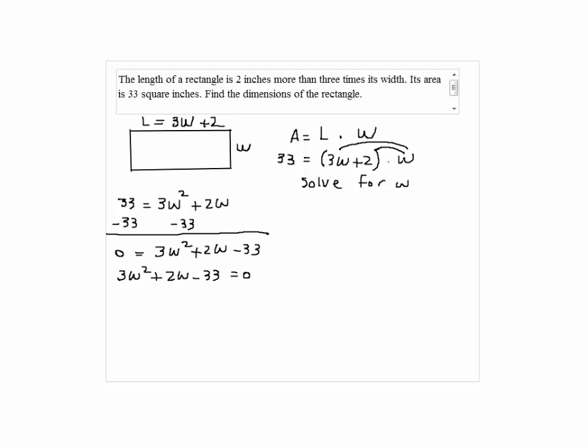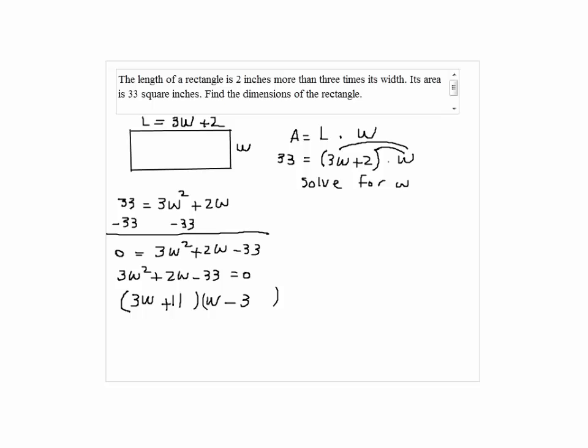Okay, we factor this, we would get 3W and W for the first term, and then we have 11 and 3 for minus 33, and then in order to get plus 2 we have plus 11 and minus 3 here.